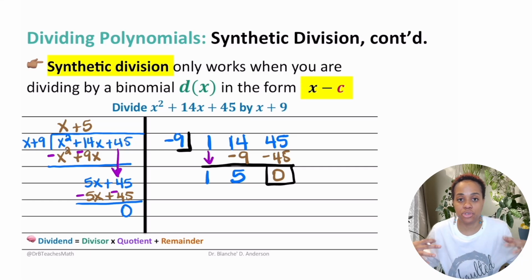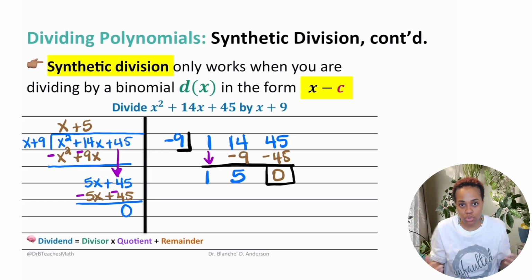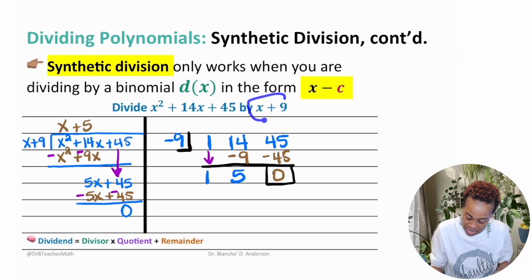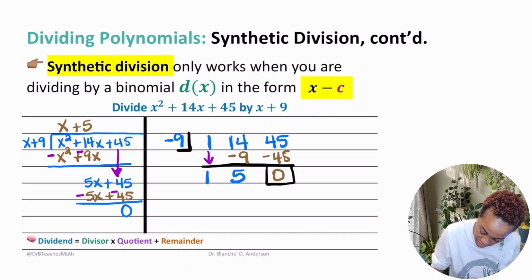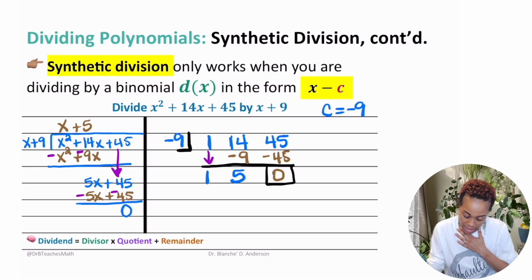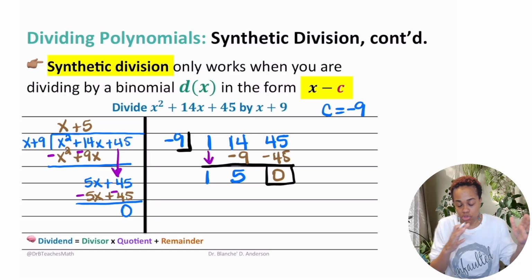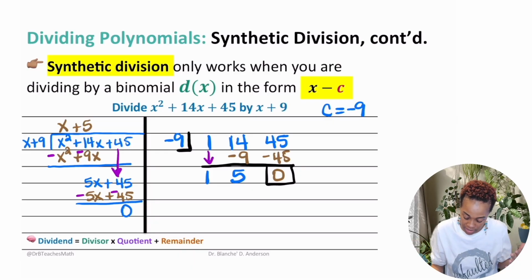Now, all you have to do is convert it back to using variables. So we took all of the numbers so that we could do synthetic division. We wrote our divisor so it's in that form. So I'm going to put right here that we said C was equal to -9. Now when you write the answer, you start with the degree less than what you started with.